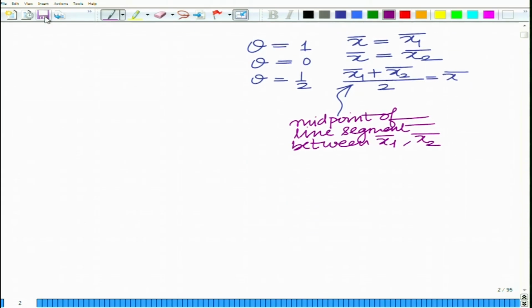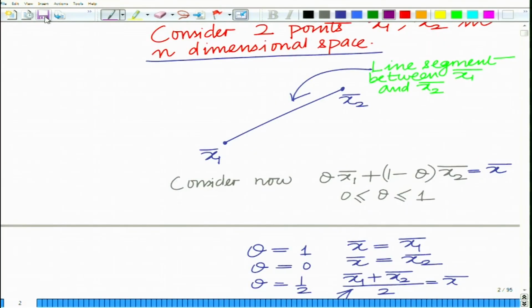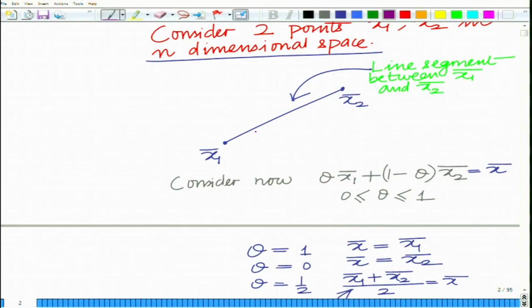So, what you observe is that as theta varies from 0 to 1, this combination theta times x1 bar plus 1 minus theta times x2 bar traces the line segment between x1 bar and x2 bar, correct.